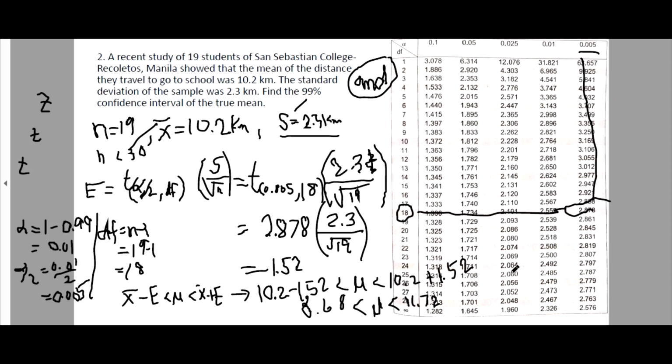Okay, so thus one can be 99% confident that the population mean of the distance traveled is between 8.68 and 11.72 kilometers based on a sample of 19 students.